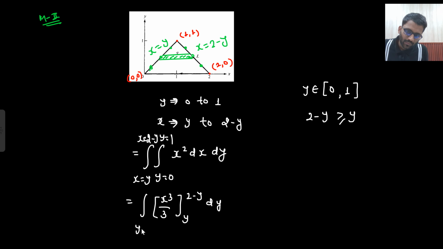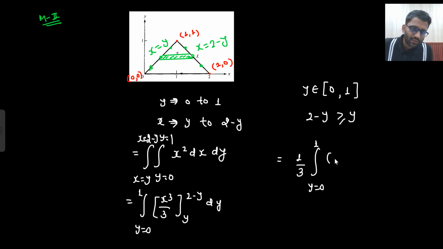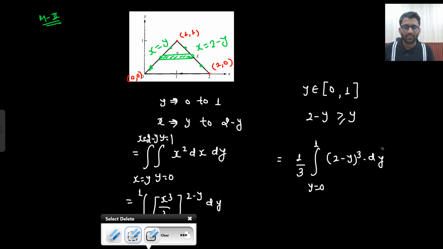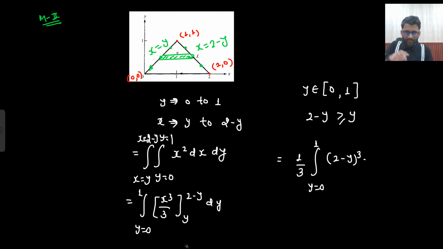The limit of y is from 0 to 1. So I can take 1 by 3 outside, and it would be the integral of y from 0 to 1 of (2 minus y) cube, and the lower limit is y as well, no?